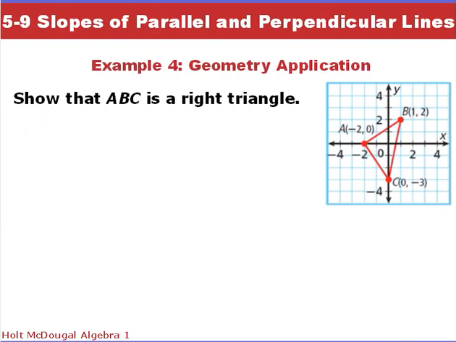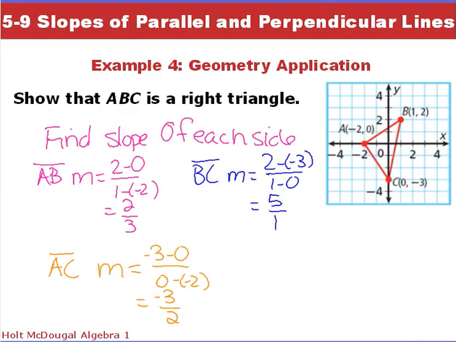And now we're on to example 4, a geometry application. I want to show that triangle ABC is a right triangle. So we're looking for a 90-degree angle or for two sides to be perpendicular. So finding the slopes of all the sides, the slope of this segment AB is 2/3.